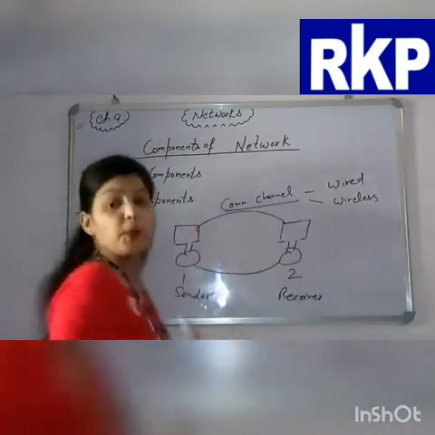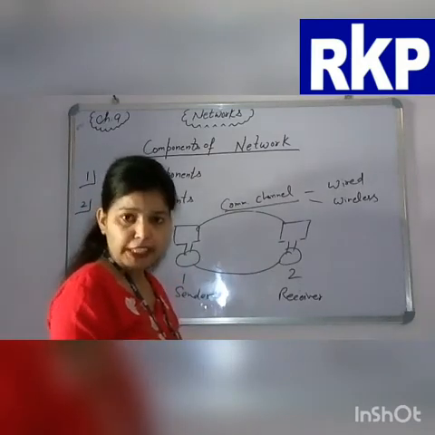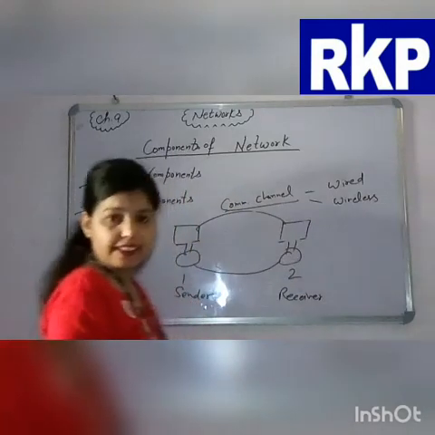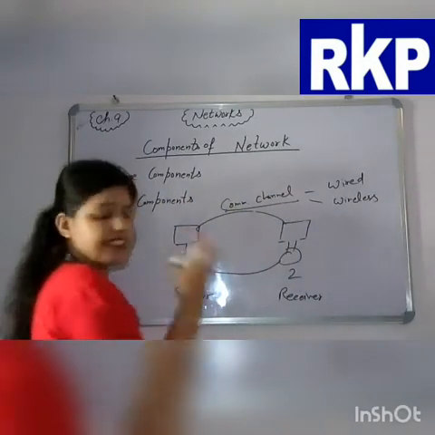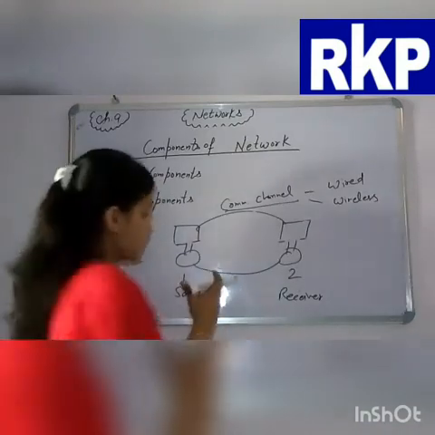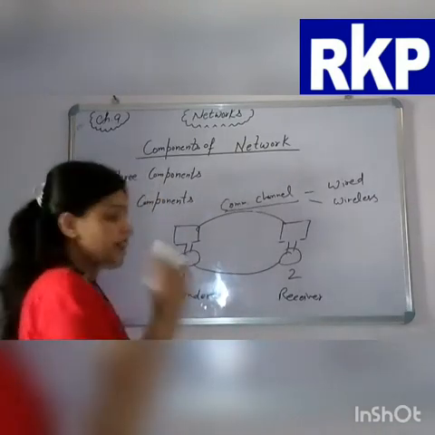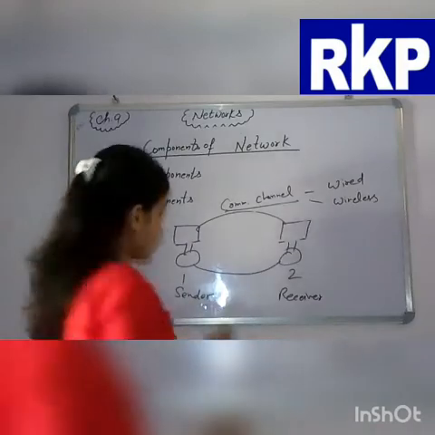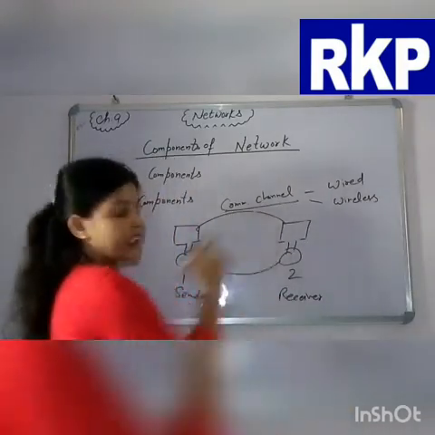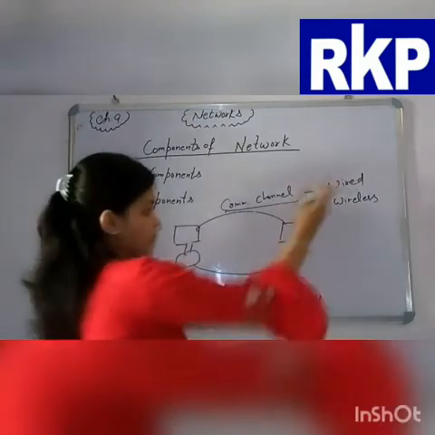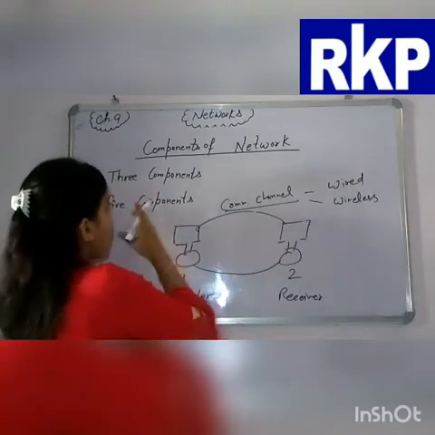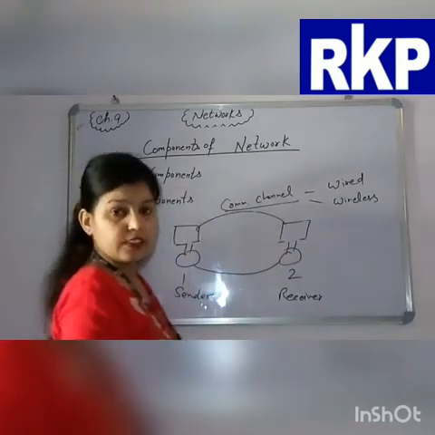And if you are using Bluetooth or Wi-Fi to share information or data, it means you are using a wireless communication channel. We will discuss the types of communication channel later. Let us discuss the components. Here we are using once again three components: sender, receiver and communication channel. It can be wired or wireless. These are the three components of a computer network.